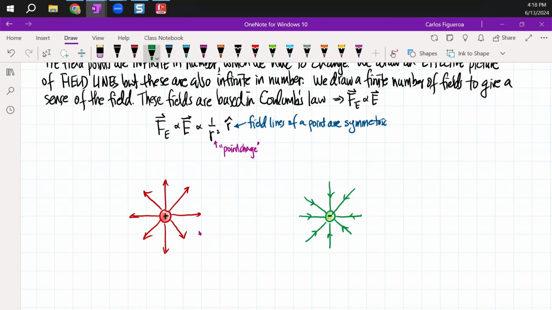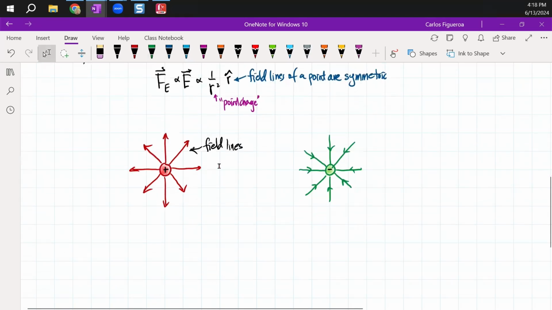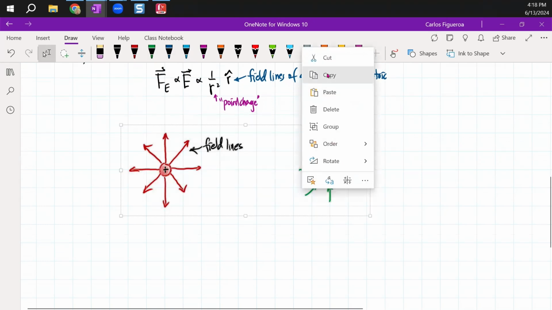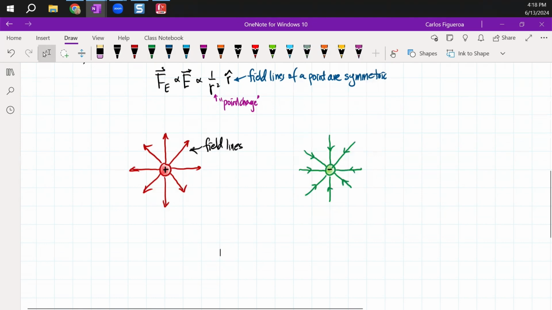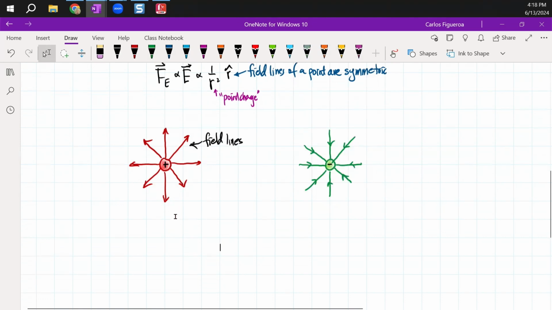That's a bad way to think about it, and I'll get more into that. But these are called field lines. So now let's start to interpret this picture, because there are a lot of problems with it, and a lot of misconceptions, which I want to try to clear to the best of my ability.